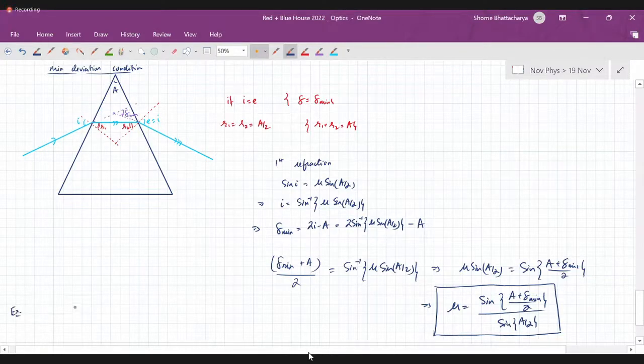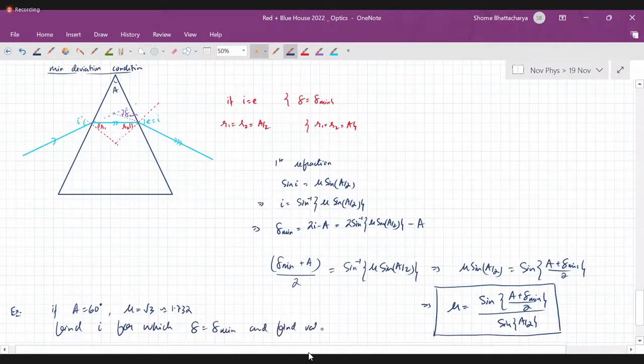If the angle of the prism is this time 60 degrees and the refractive index of the prism is again root 3 or 1.732, then find the angle of incidence for which the deviation is the minimum deviation and find the value of this minimum deviation.